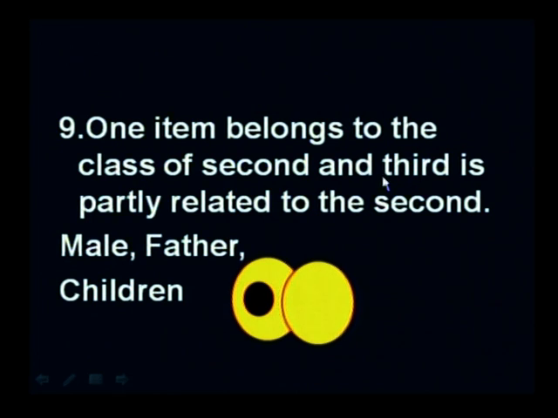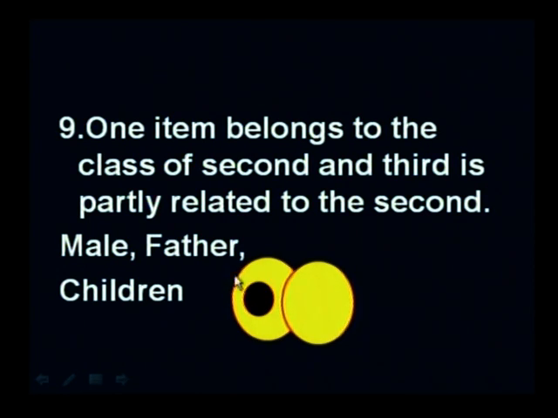Next one is one item belongs to the class of a second and the third is partly related to the second, but not the main one. Like male, father, children. This is your male set, and fathers are completely male persons, so they are contained in it, and partly they are related to children, that means children can be male.